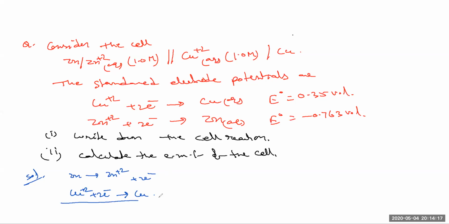Now adding both, the electrons cancel. So by adding those two, Zn plus Cu plus 2 gives rise to Zn plus 2 plus Cu. This is the cell reaction. Understood? So this is the solution for the first question.